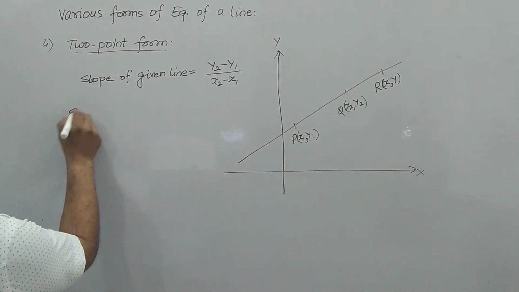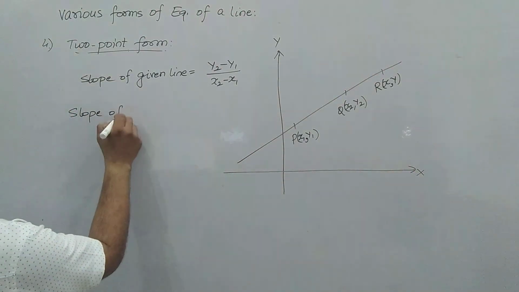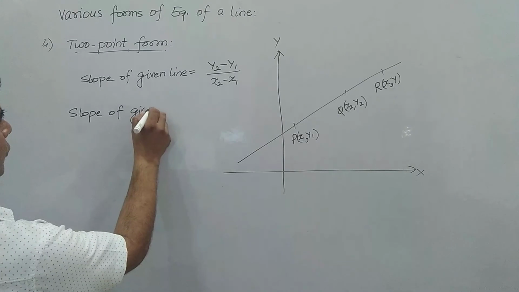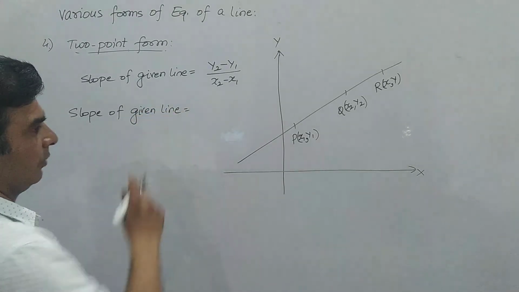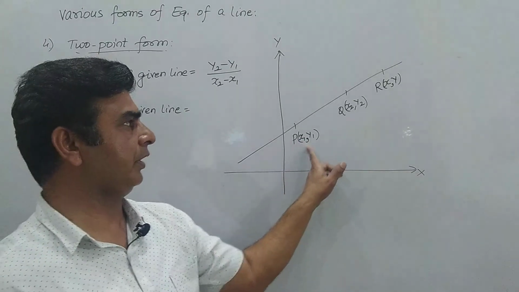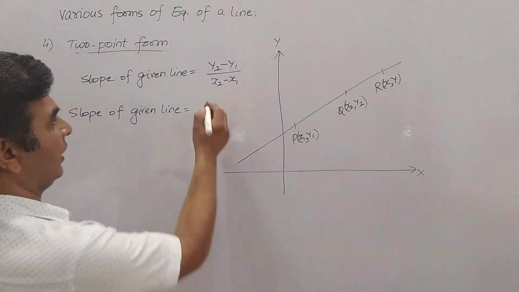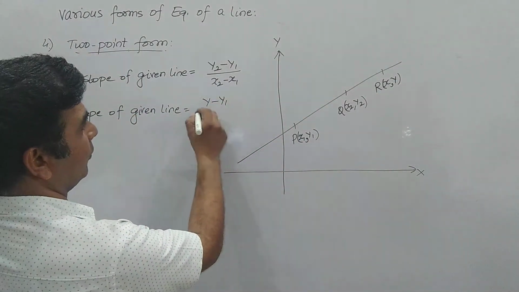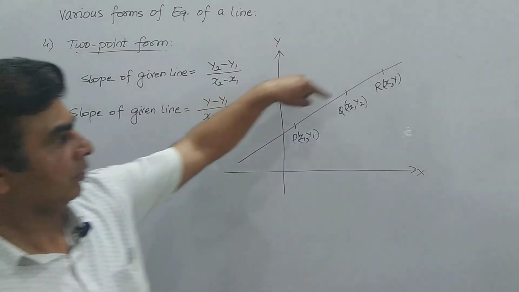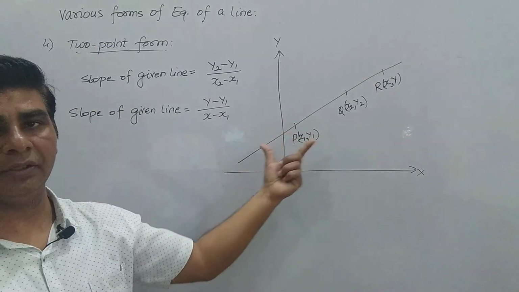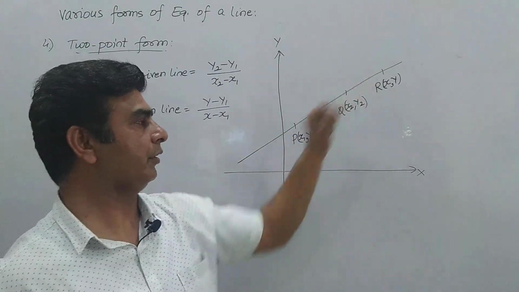Now again we can find the slope of the same line by using the same formula. I am taking now the points P and R. This is given by y minus y1 upon x minus x1. The same line is there having 3 points on it.